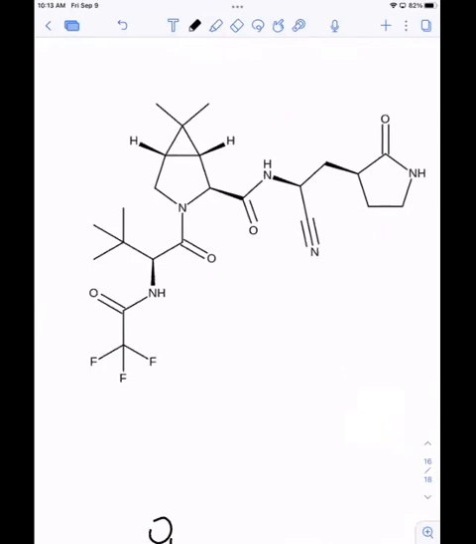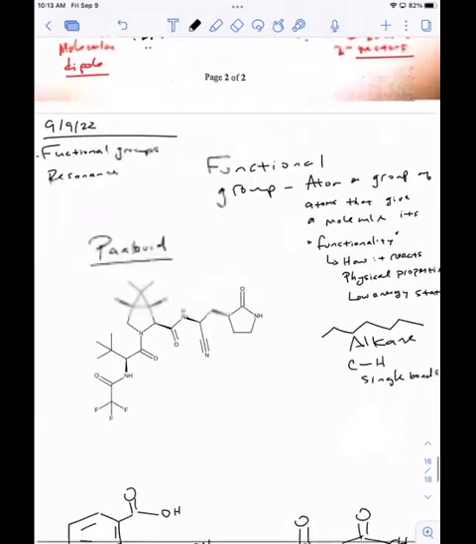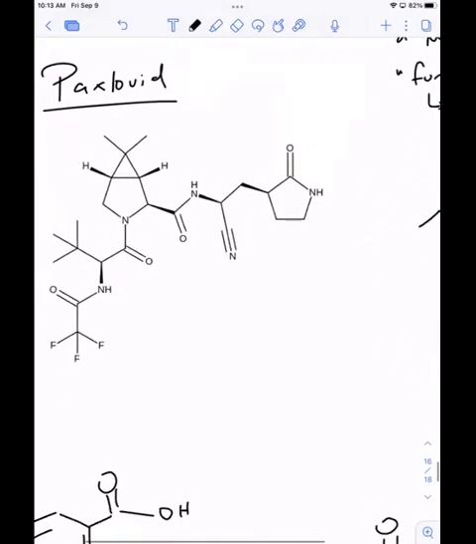It looks like a lot, but there are really multiple of the same type of functional groups present in Paxlovid. The reason this is important is because it's the functional groups in a molecule like this that give it biological properties. The functional groups define its biological properties.